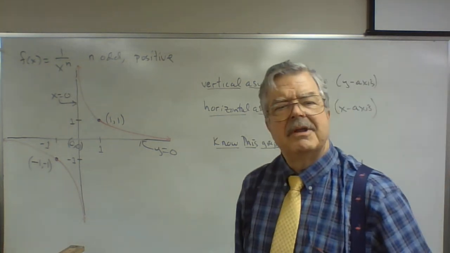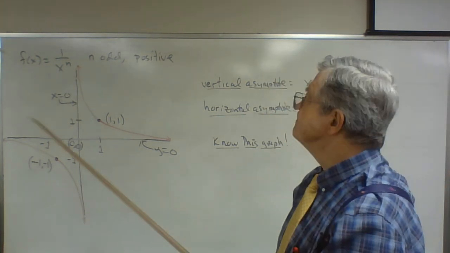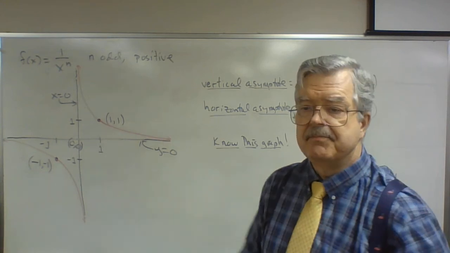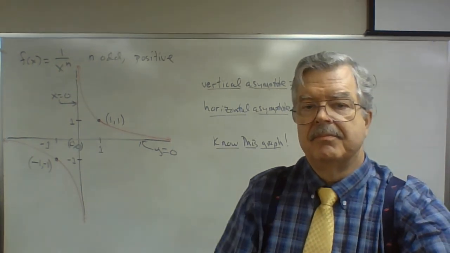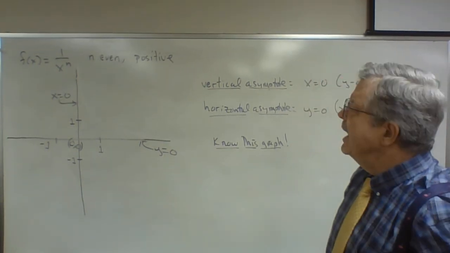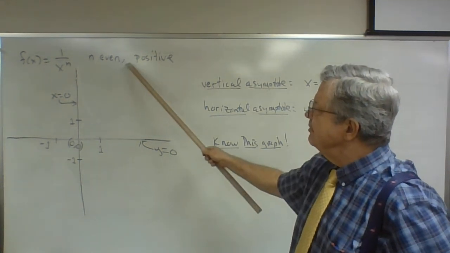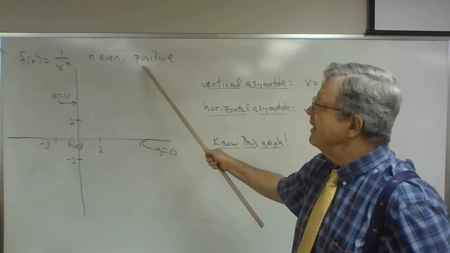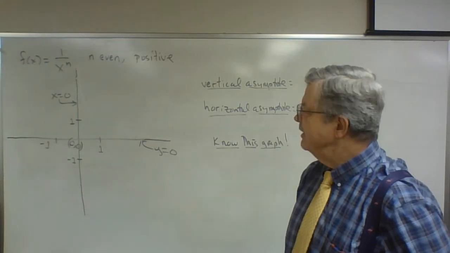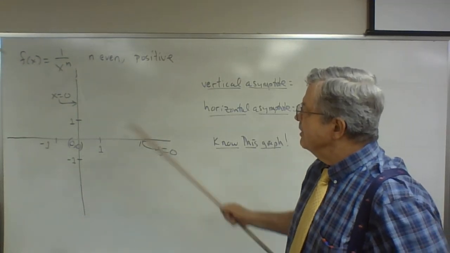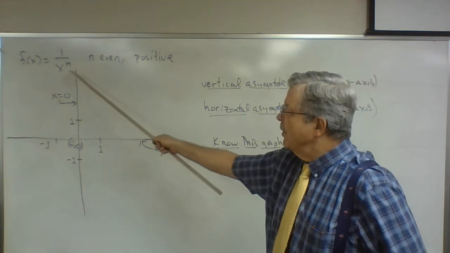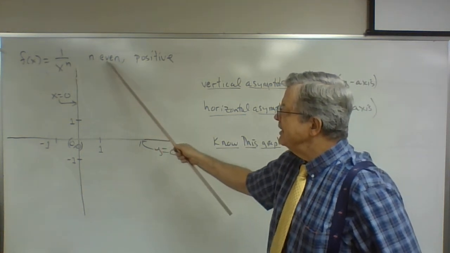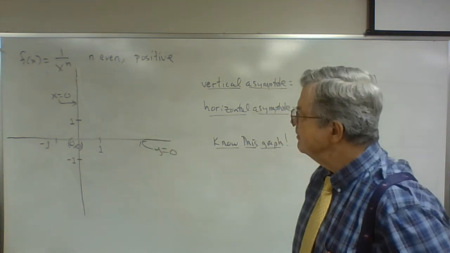Now let's look at the case where n is even. So why do we look at this case? Well, we're going to generalize this to graph other functions. And graph this, 1 over x to the n, where n is even and positive.